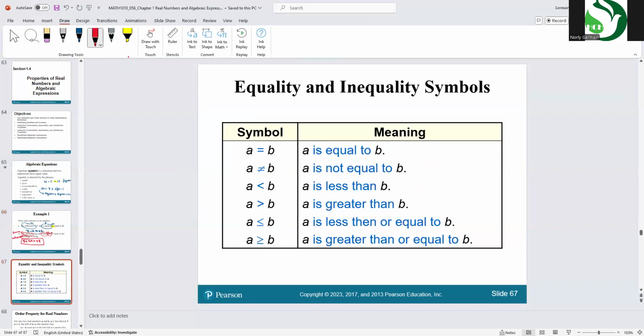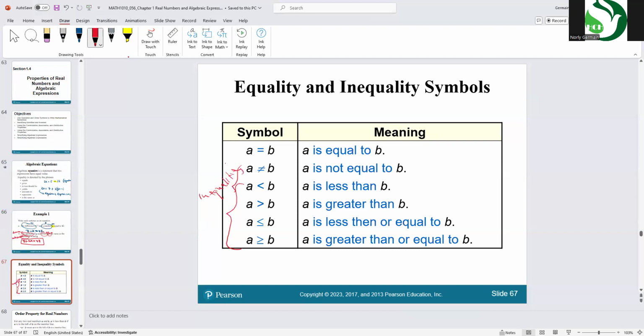So there are some symbols you can always look for in terms of equality and inequality symbols. So equals here, a is equal to b, a is not equal to b, a is less than b. Those are inequalities. All of these are inequalities, it's either equal or inequalities.